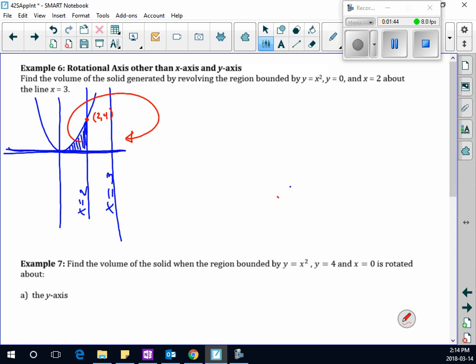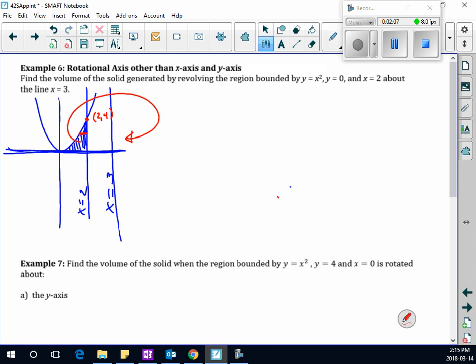And then the next thing we have to do is, because we are rotating this about x equals 3, we are going to create a horizontal slice, which now will create, if you can picture, a washer.